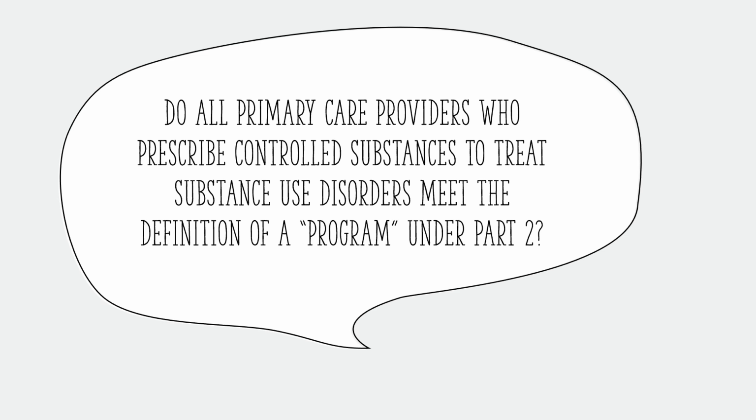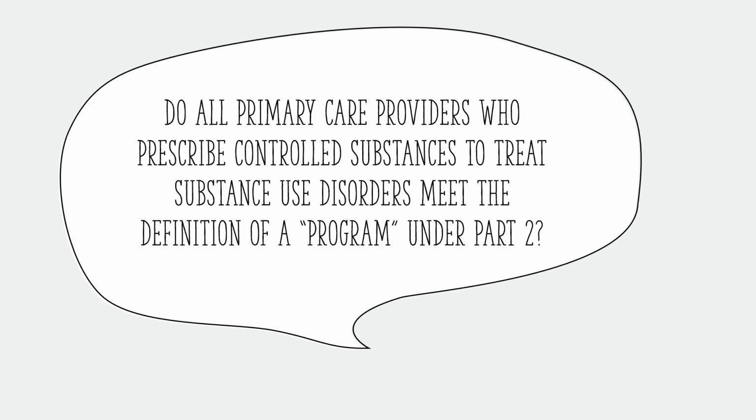So primary care providers who work in these facilities would only meet Part 2's definition of a program if they work in an identified unit within that facility that is substance abuse diagnosis, treatment, or referral related, or if the primary function of that provider is the diagnosis, treatment, or referral for treatment of alcohol and drug use disorders, and they're identified as providers of those services.